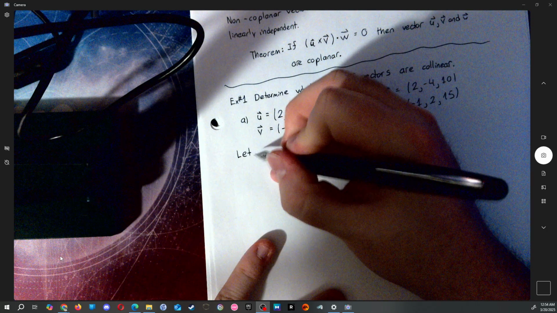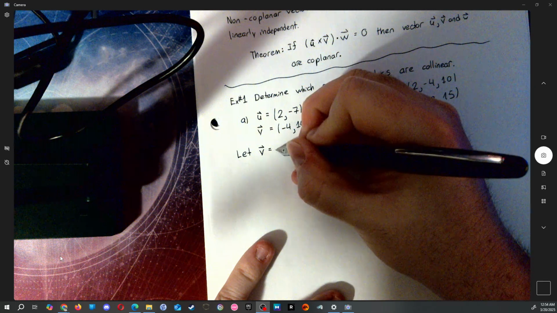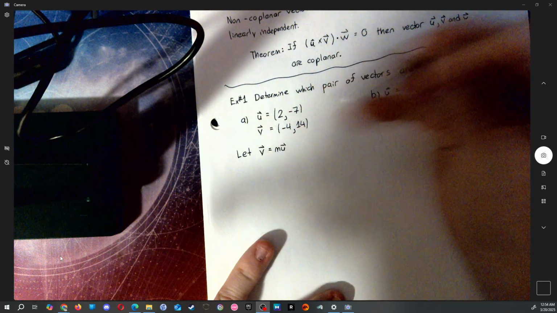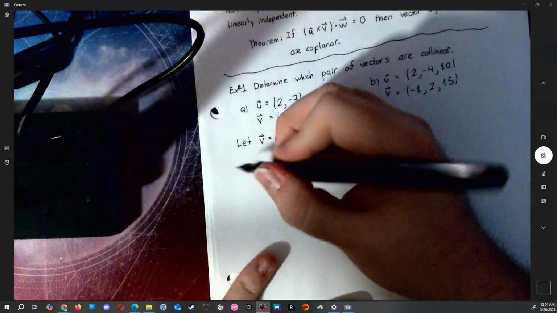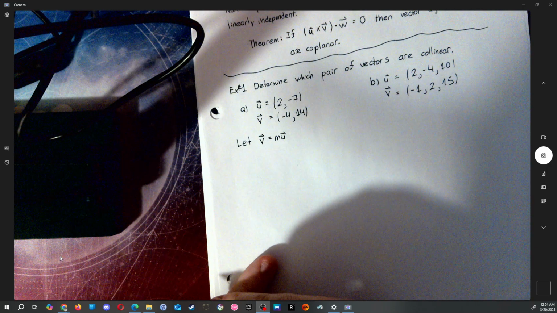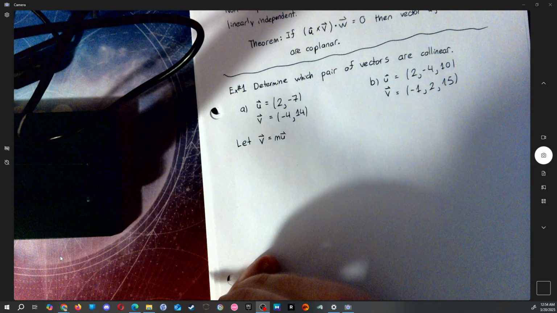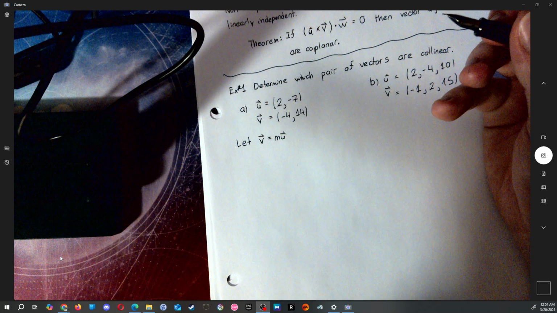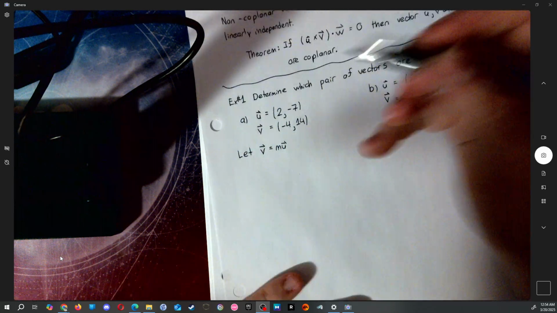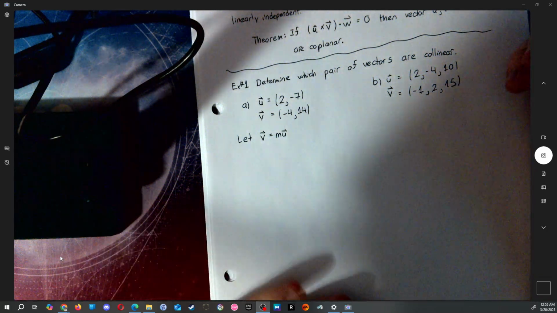So we're just going to let vector u, or sorry, vector v, my apologies, it's pretty late, so I'm going to maybe misspeak by accident, but I'm going to let vector u be multiplied by m to give me vector v. And now we're just going to calculate what m is and see if it's the same value for both our i and our j component, then we can get this to work and they'll be collinear.